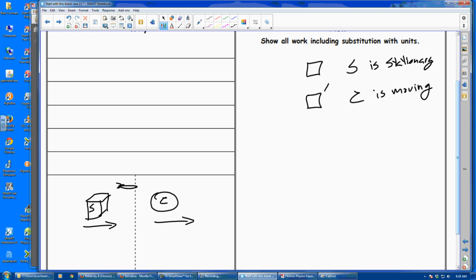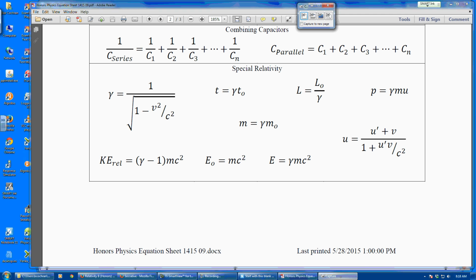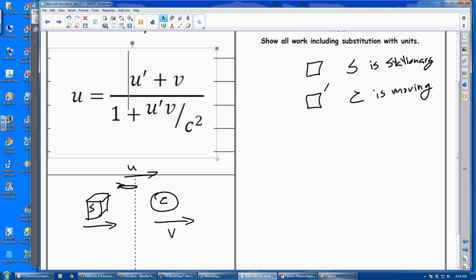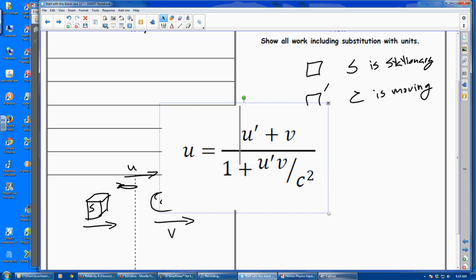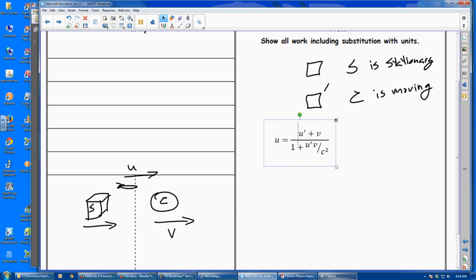All right, and this is going to be u or u prime. The movement of the missile is going to be the variable u, where the movement of the circle ship will be variable v. All right. So we grab our equation, and we start substituting in.